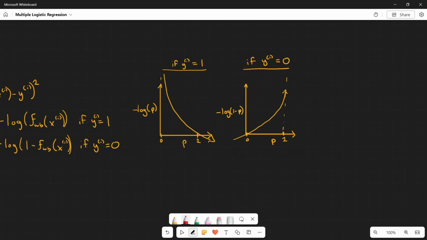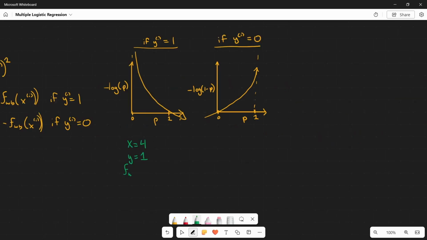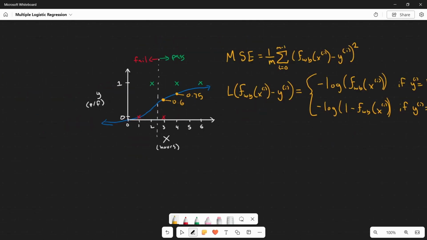So let's pull some numbers over from our graph so that we can get a better understanding of what these loss functions are doing. So let's first look at the student who studied for 4 hours. They passed the exam, and we said there's a 75% probability that they passed the exam. And let's also look at the student who studied 3 hours, failed the exam, and we came up with a probability of 60% that they passed.